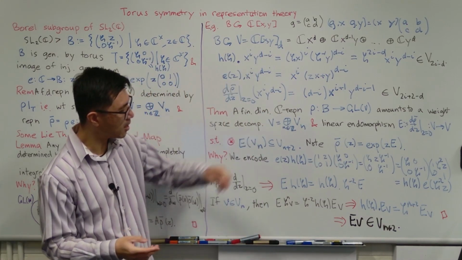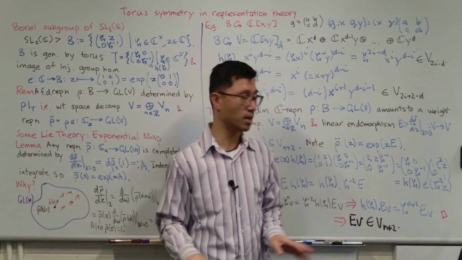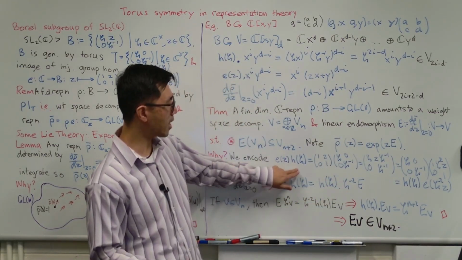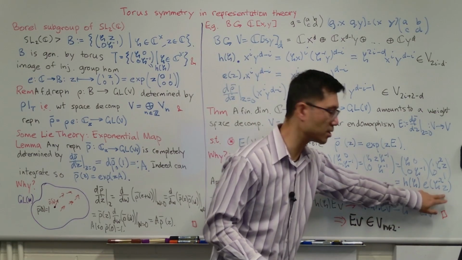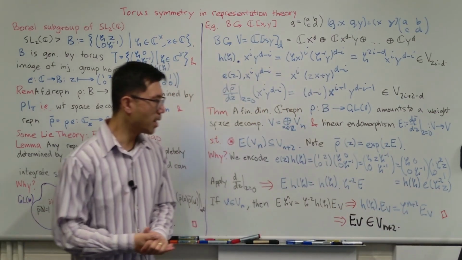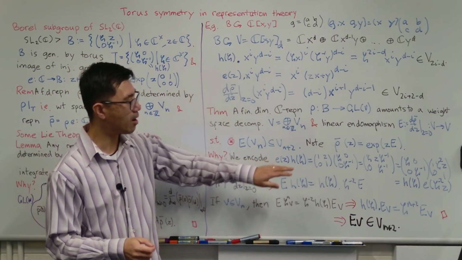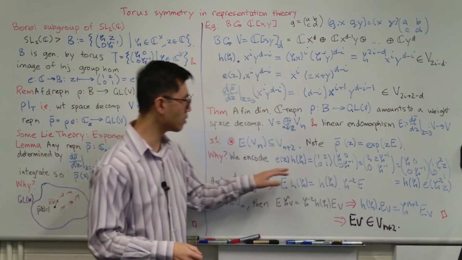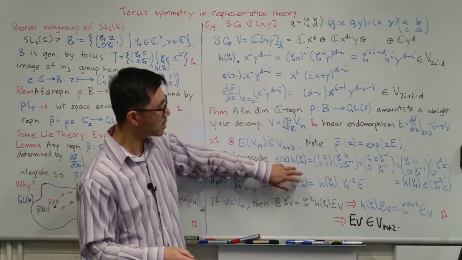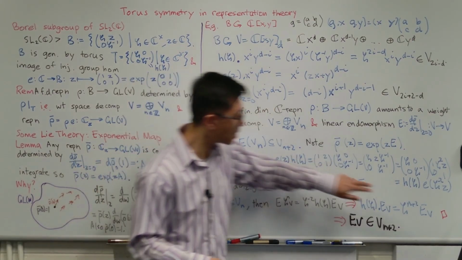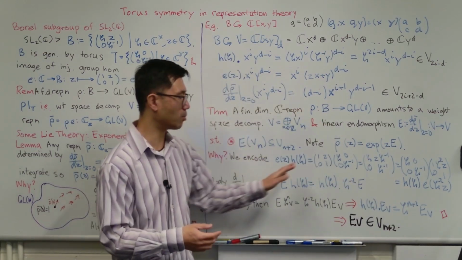Okay, so here's the new commutativity relation: E of Z times H of zeta equals H of zeta times E of zeta to the minus 2Z. Now, the main thing is that if you have any representation where you've defined this H and you've defined this E, as long as they satisfy this equation, then it will lift to a representation of B. This is the key point.